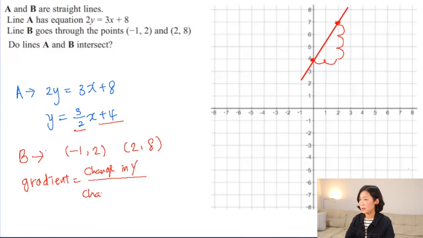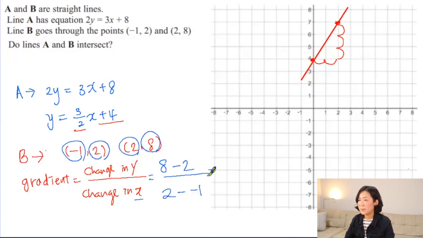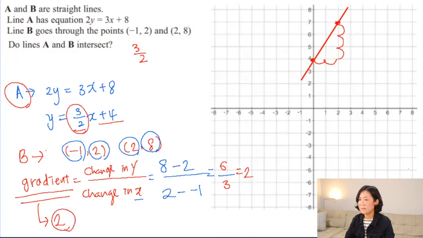Changes in x and changes in y. First of all, 2 to 8, you move 6 up, divided by minus 1 to 2, you move 3 right. So your gradient is 6 divided by 3, that is 2. So the two graphs have different gradients, which means they meet at some point.